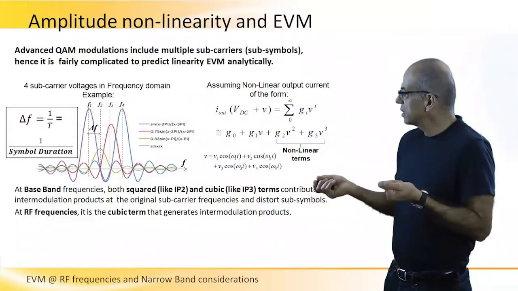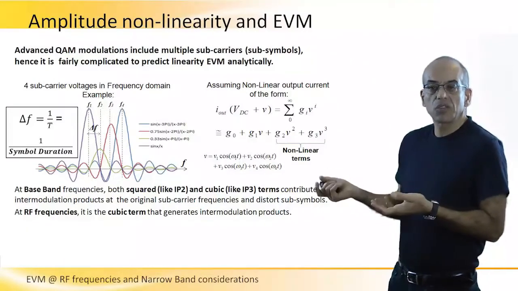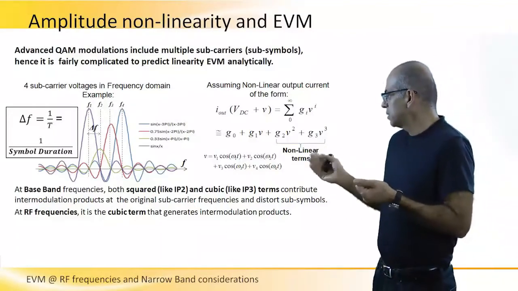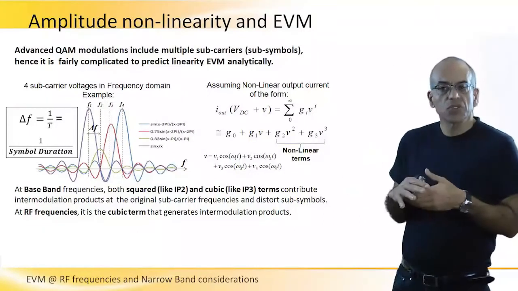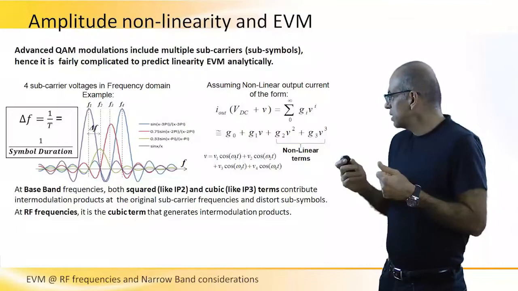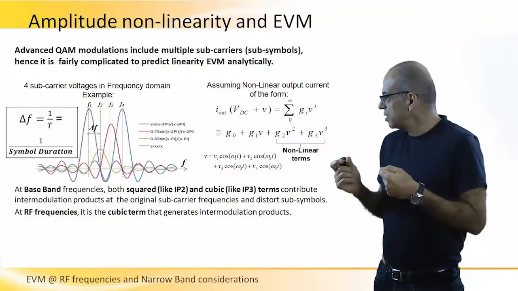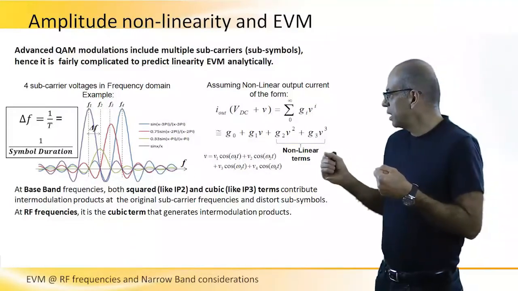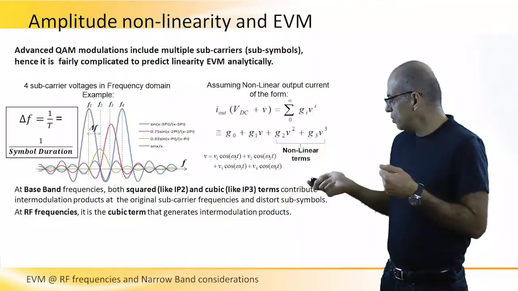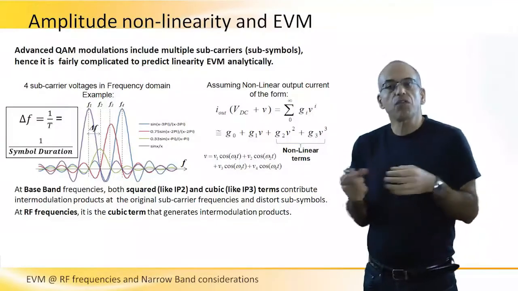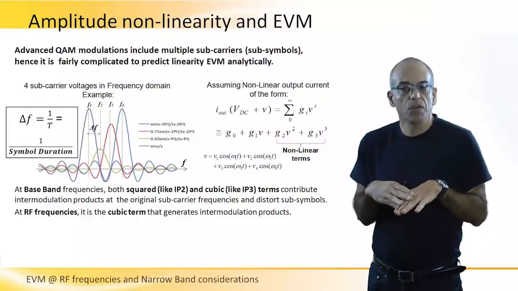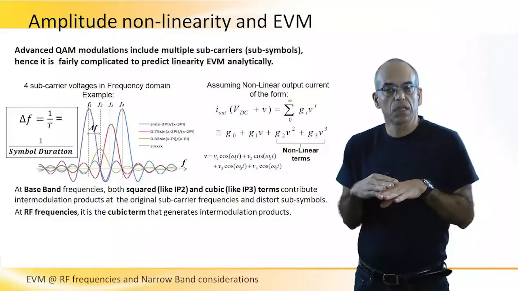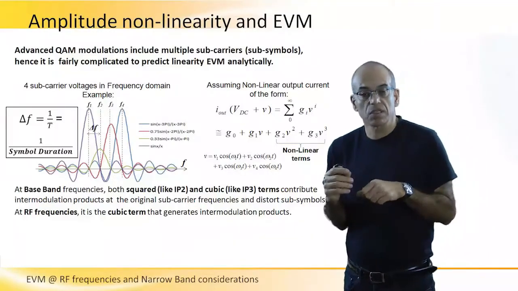We can see that this polynomial has nonlinear terms, like the cubic term, the square term, and the higher terms. If we look at the baseband signals, then the square term of the polynomial can generate frequencies that actually fall on top of the original subcarriers and impair the amplitude and may also impair the phase of these.